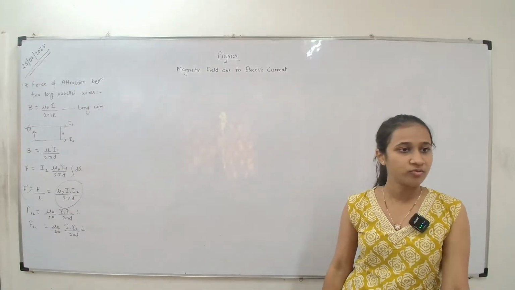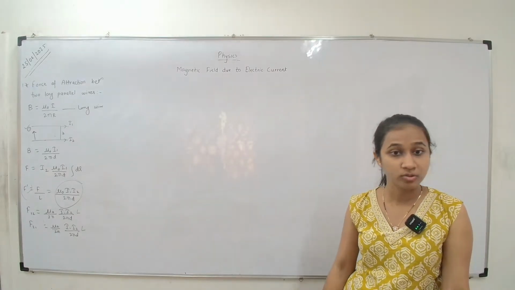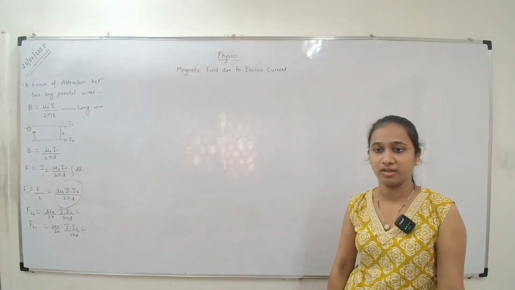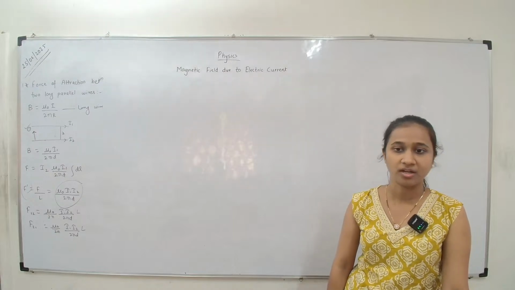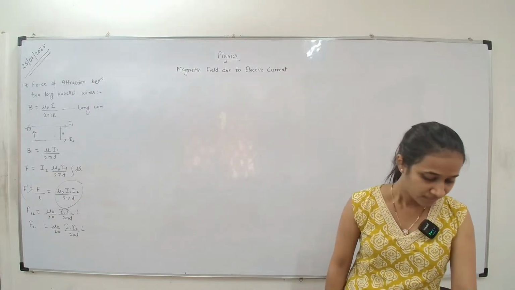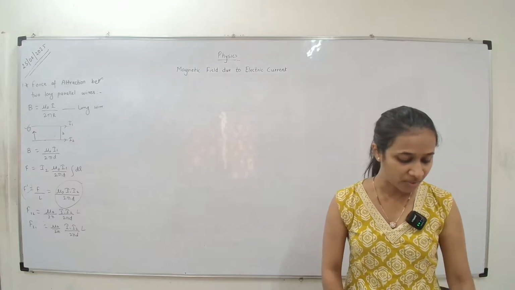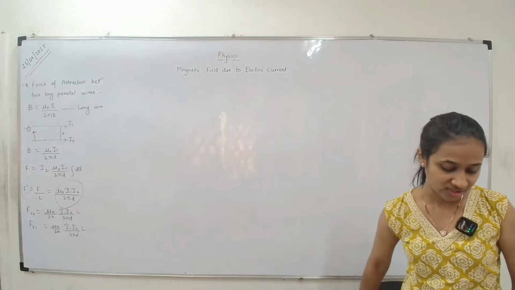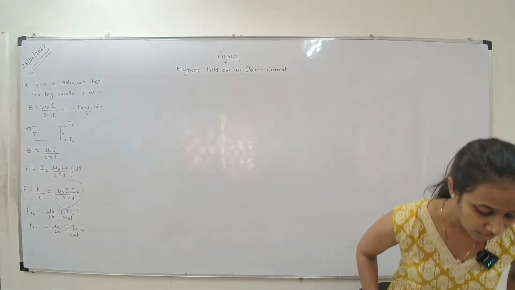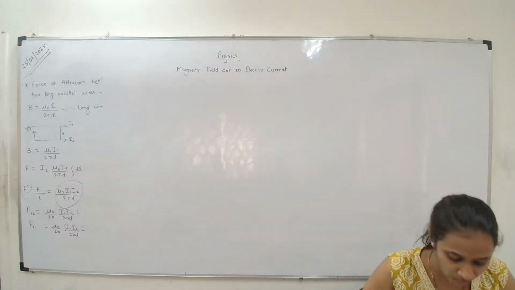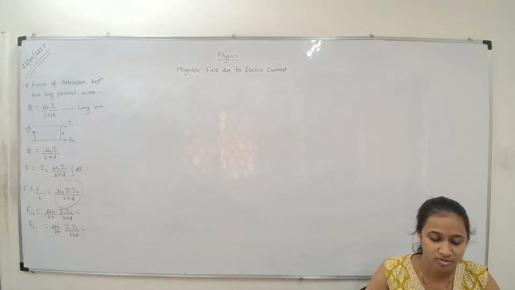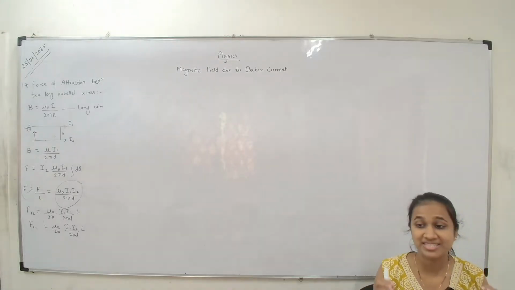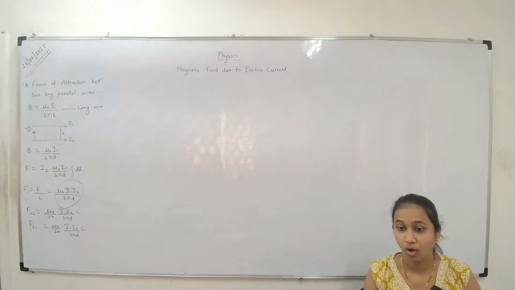Okay. So F21 is always the force on wire 2 due to current in wire 1. And F12 stands for force on wire 1 due to current in wire 2. Okay. So we will denote the force by F21, that is force on a section of length L of wire 2 due to the current in wire 1, and also vice versa, a section of the same length L of wire 1 will experience a force due to current in wire 2 which is the same but in opposite manner.